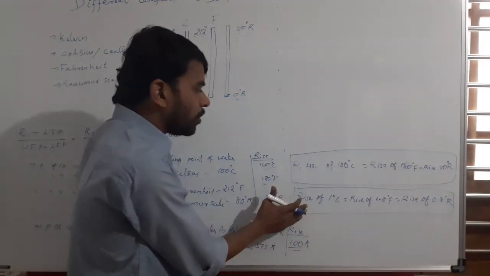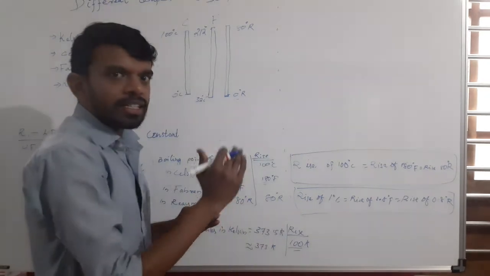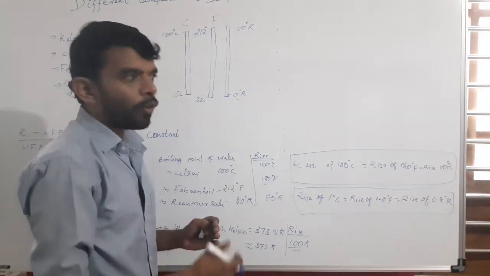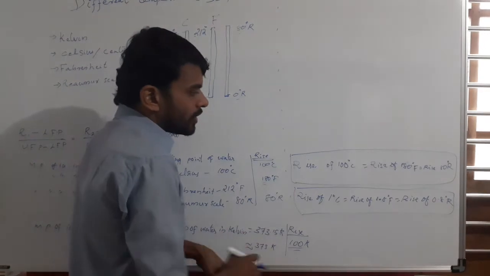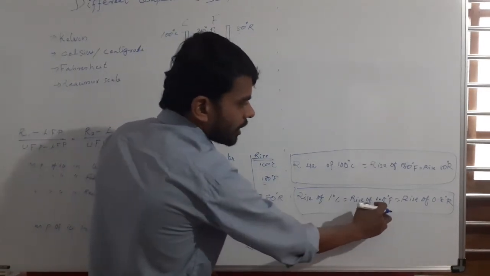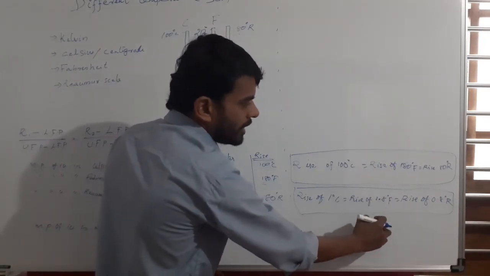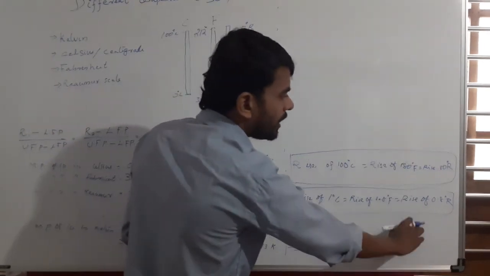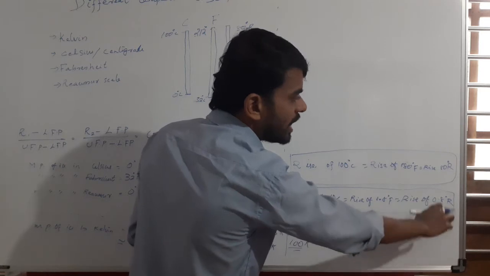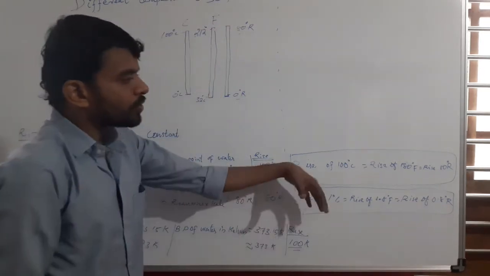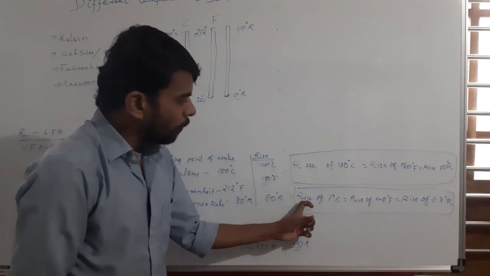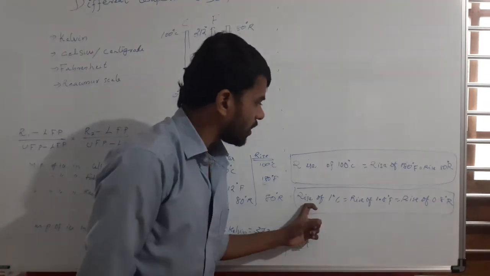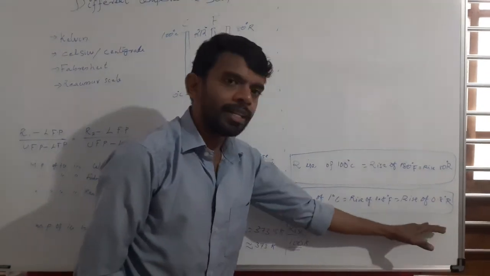So this is about the rise or increase, or we can also relate it with the fall. If 10 degree Celsius is fallen, then the corresponding fall in Fahrenheit is 18 degree Fahrenheit. The corresponding fall in Romer scale is 8 degree Romer. So rise or fall can be found from this relation.